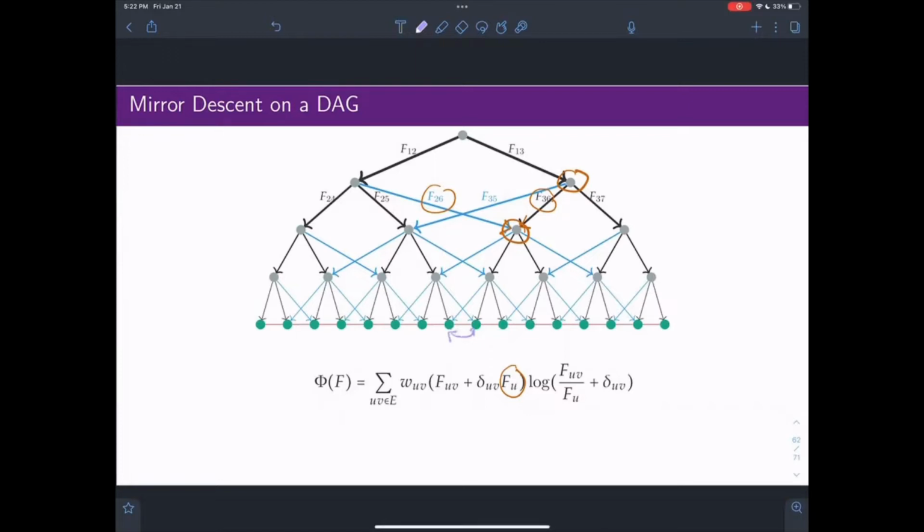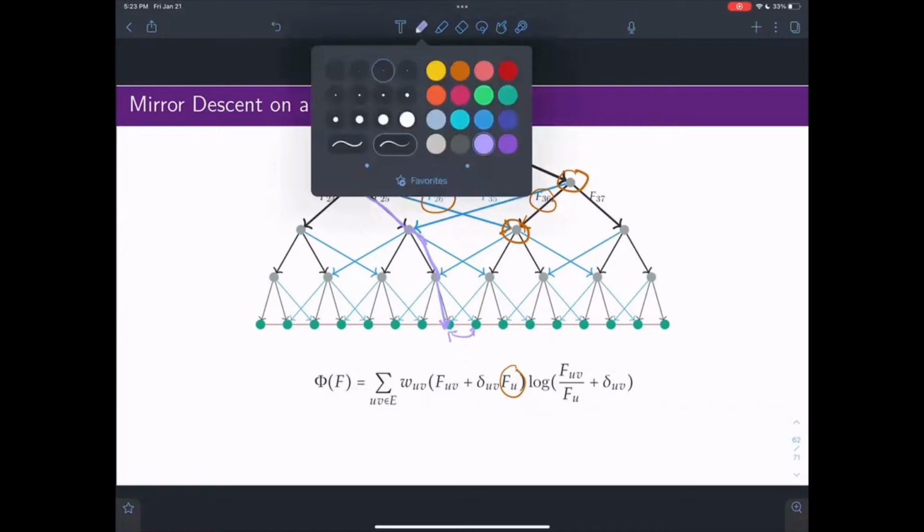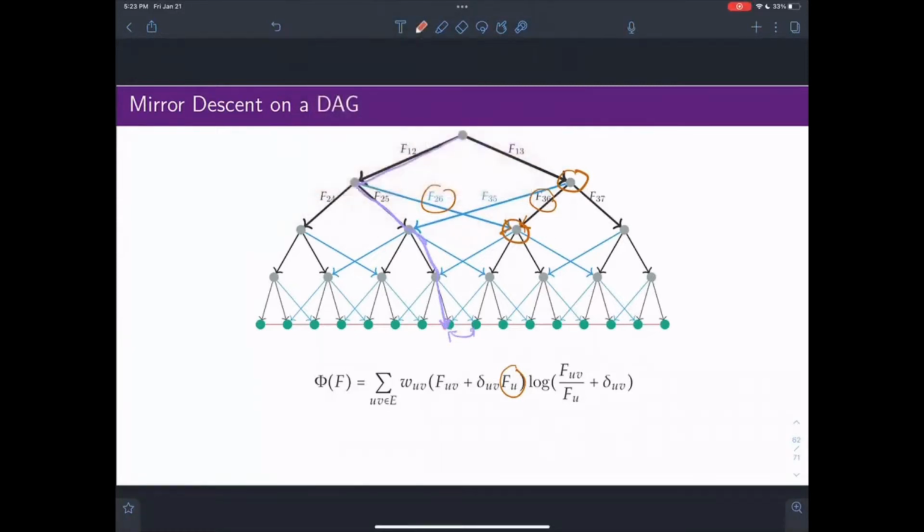If we were representing the flow to the node on the left by this path, then we could simply change it to a flow to the node on the right by deleting the mass on this edge and adding it into this edge on the right. Both of these edges are of weight 1. So the total amount of weight that we are changing here is proportional to the actual distance between these two nodes.